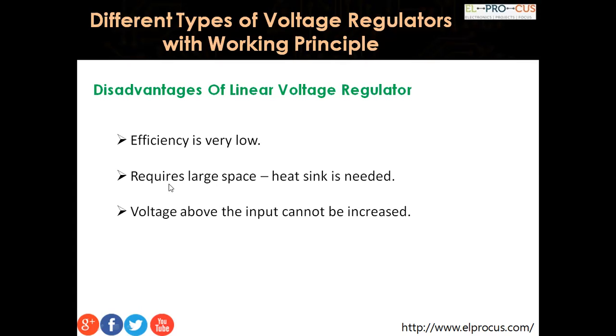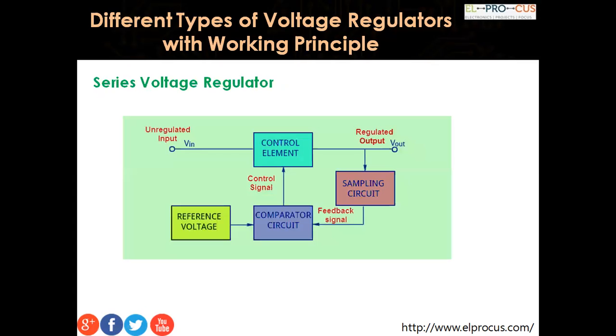That's why it requires large space, and it takes more power, and heat gets dissipated, meaning heat will be generated, and as heat is generated, we will require a heat sink to compensate. That's why these are disadvantages of the linear voltage regulator. Its efficiency is also very low. And we cannot increase the voltage above the input. This is the main disadvantage of the linear voltage regulator.